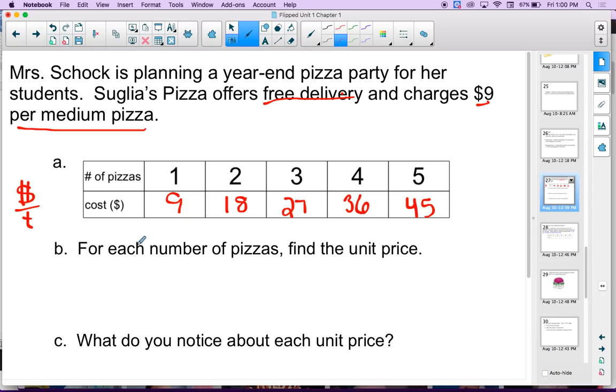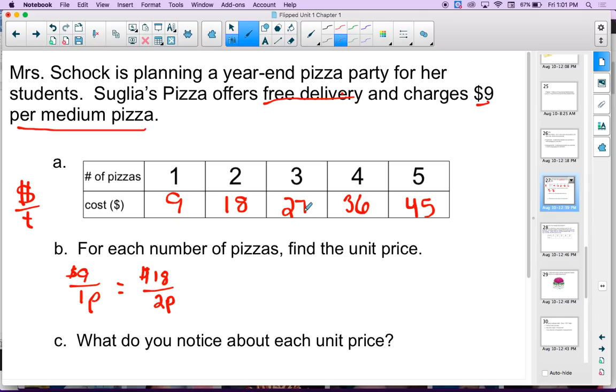Part B says, for each number of pizzas, find the unit price. Okay, so first one here is $9 for 1 pizza. That is a unit price, so we can move to the next one. Next, $18 for 2 pizzas. If we divide by 2, which is our GCF, we will get $9 per pizza as our unit price for that as well.